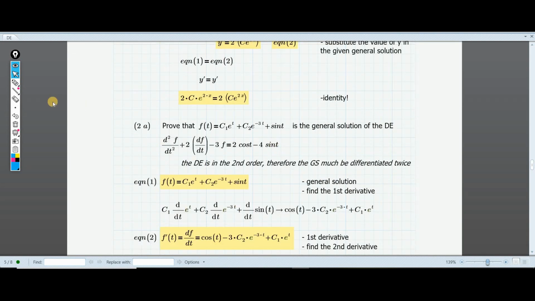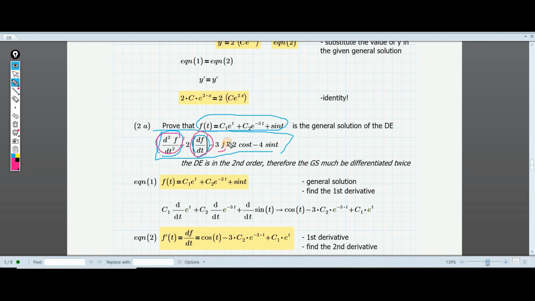We have to prove that this solution is actually the solution of this given differential equation. And kanina, ano ba yung mga sinolve natin? Diba, sinolve natin yung first derivative, df over dt, and second derivative. So, ang gagawin natin, isa-substitute natin yung mga nakuha nating value sa dalawang ito.